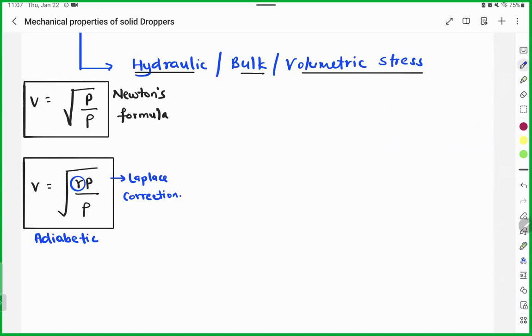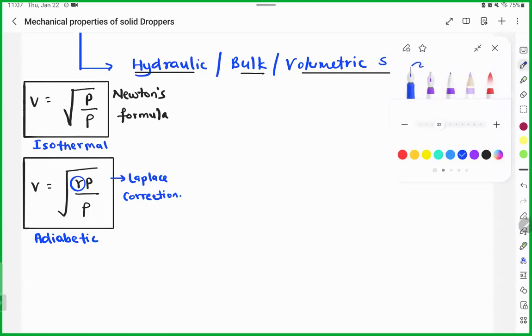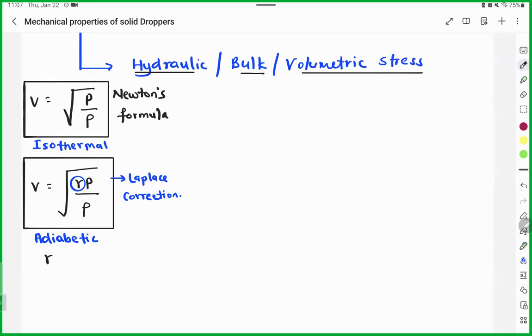According to Newton, air is isothermal, so the value comes to 280, but in reality it is 330 because this gamma value, Cp by Cv, is more than 1.